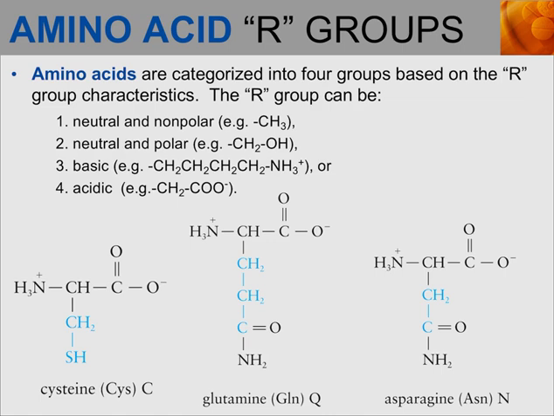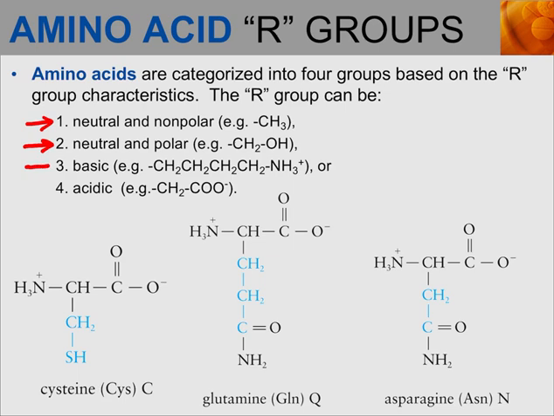For instance, some amino acids can have a neutral and non-polar side chain, so that would be a hydrocarbon or alkyl group side chain, like a methyl group. If an amino acid has a neutral and polar side chain, then that's another group. For instance, if you have an OH group, which is polar, on your side chain, then that would be another category for that amino acid.